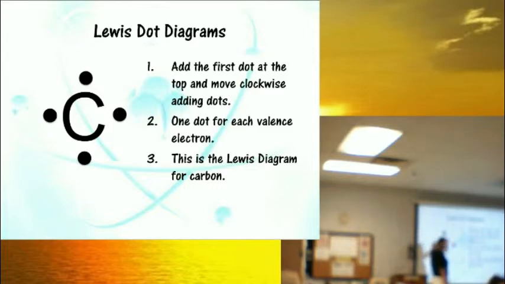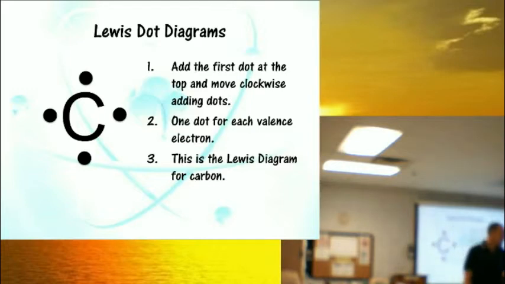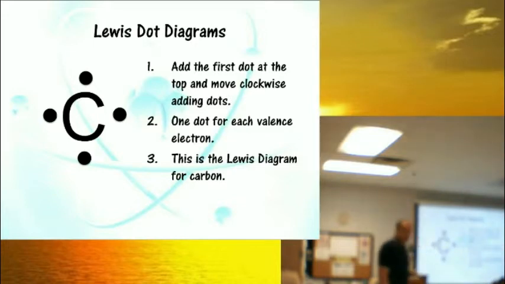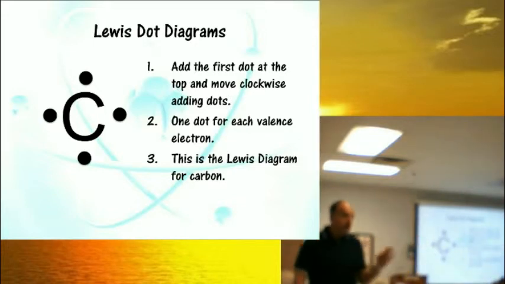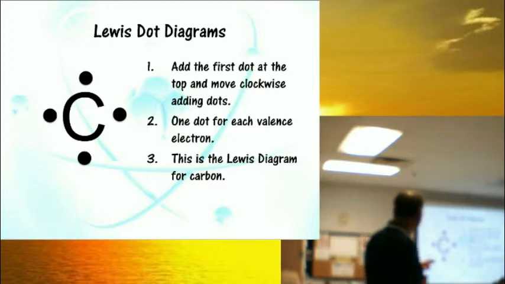If this one was something else and it had 6 valence electrons, then you put another one here and another one here. We'll practice that in a moment. And we color in the circles. They should be black dots. That is called a Lewis dot diagram.